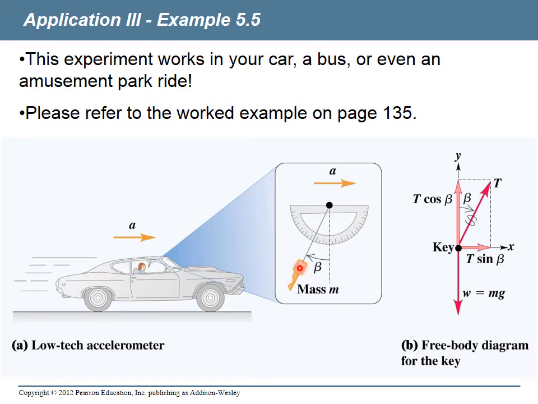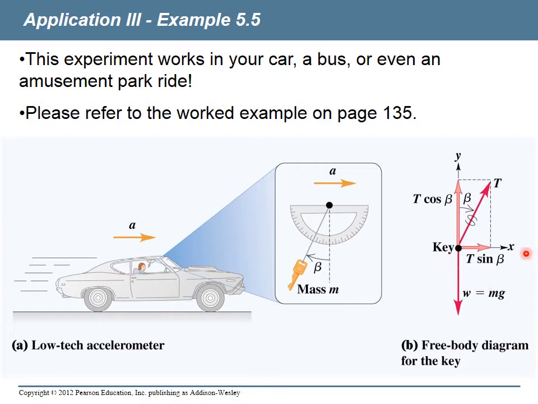This may not be moving relative to us, but in reality, the car is accelerating forward, and the protractor is accelerating forward, and the key that's attached to the protractor is accelerating forward as well, right? Everything's actually accelerating forward. So the summation of forces in the x direction here will equal mass times the acceleration.